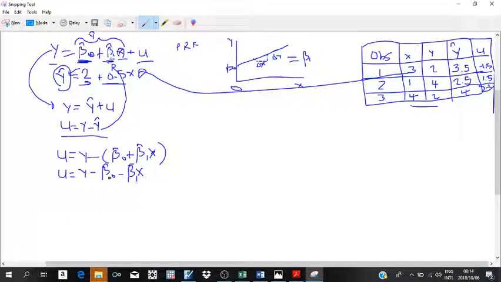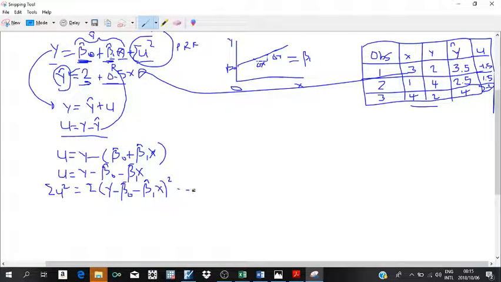There we are. Because we said the OLS minimizes the residual sum of squares, we have to introduce the summation sign and the square. So we have the summation of the squared u, which is the sum of y minus beta naught minus beta 1 x, close bracket squared.